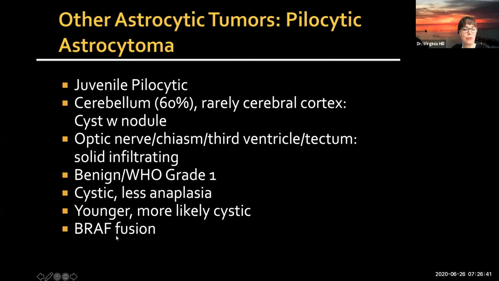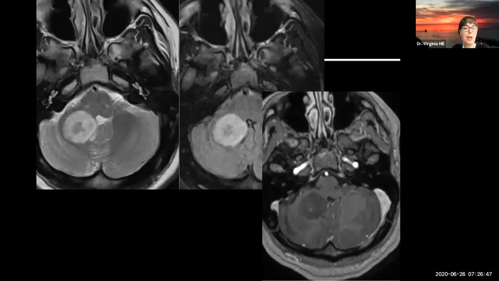The BRAF refers to the MAPK kinase pathway, which is an oncogenic pathway that you may remember from biochemistry or cell biology. So here we have an axial T2 weighted image with this bright tumor that's a little bit heterogeneous, and we can see that it's also bright on FLAIR.